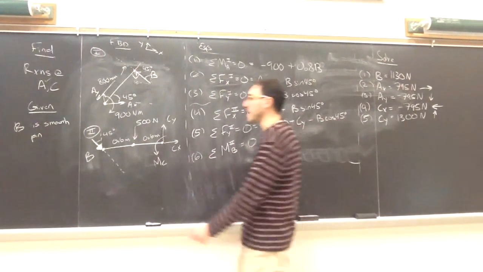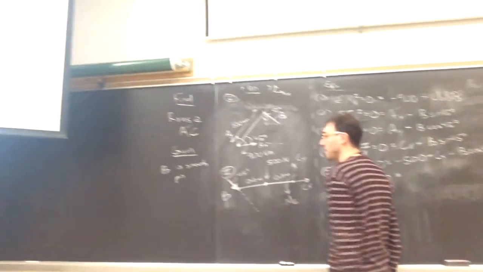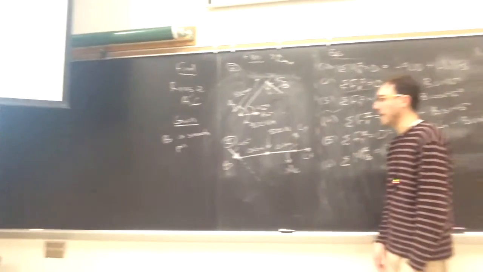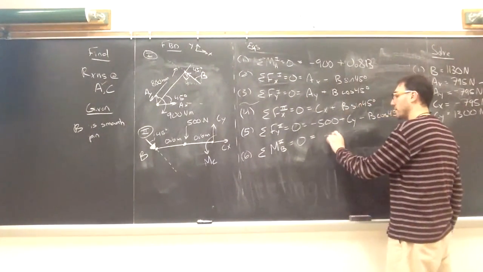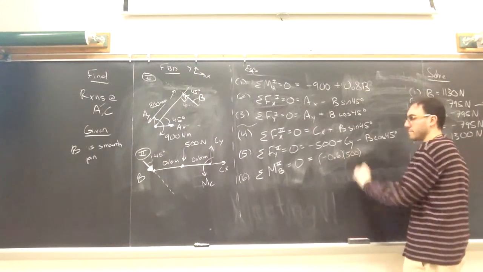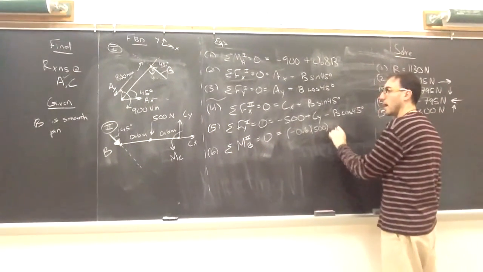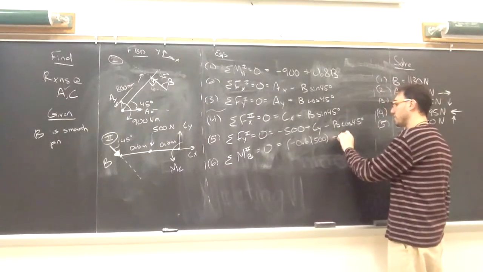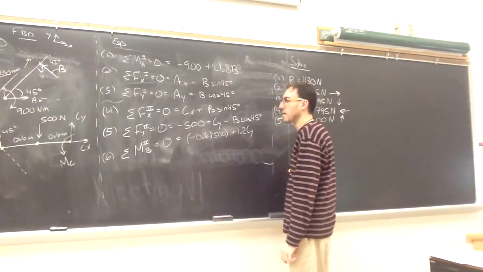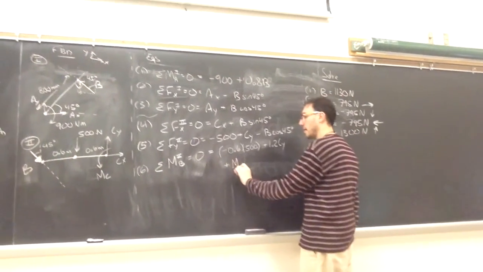So if I take it at B, then B does not appear since it's off at that odd angle. And by now, I know the value of Cy. So I'll have a negative 0.6 times 500. I'll have plus 1.2 Cy, which now I know, plus MC.